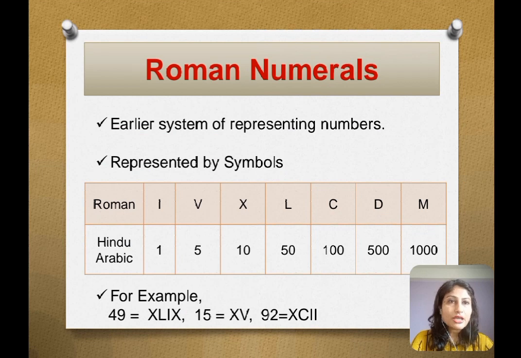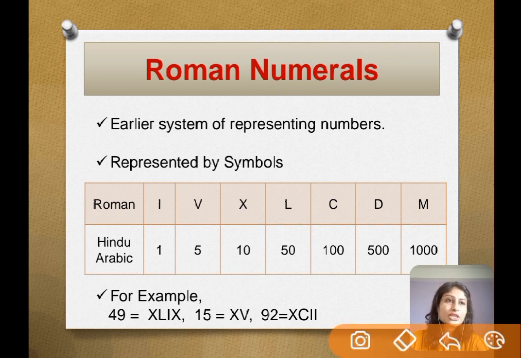This topic is about Roman numerals. In earlier time, numbers are represented using this format. So for that format, you have to remember some of the symbols. So here symbols are given and its related number is also given.